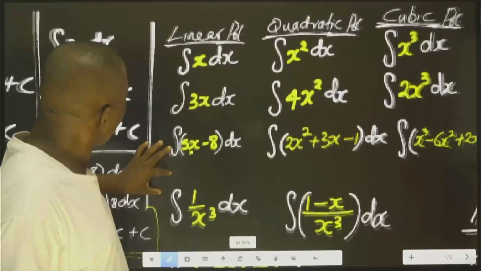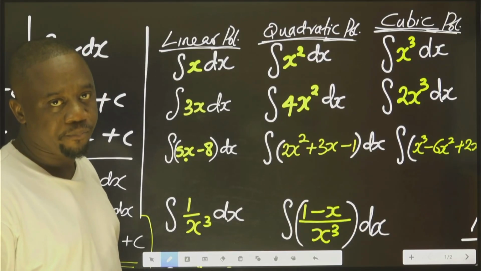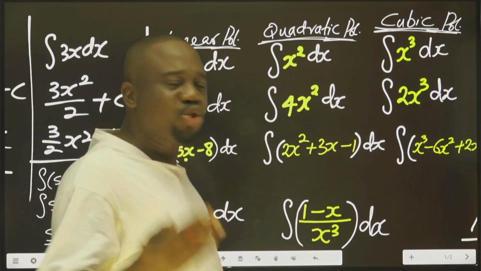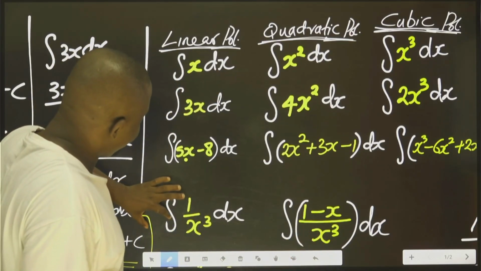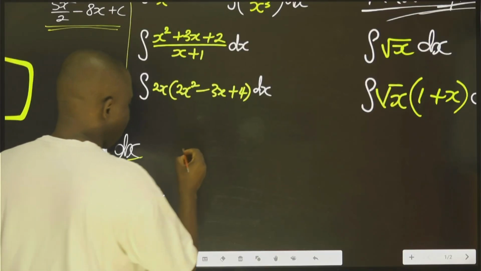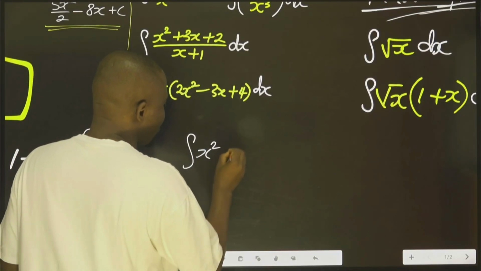Now we are through with linear polynomial. What if you are given x raised to power 2? The same thing. For x raised to power 2, let's come here. x raised to the power 2 dx.